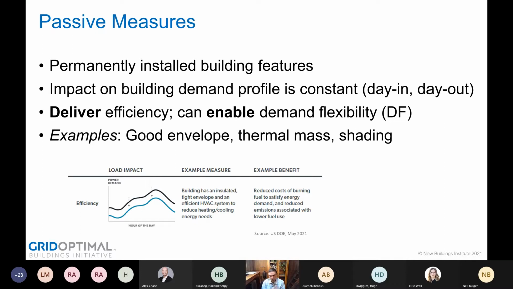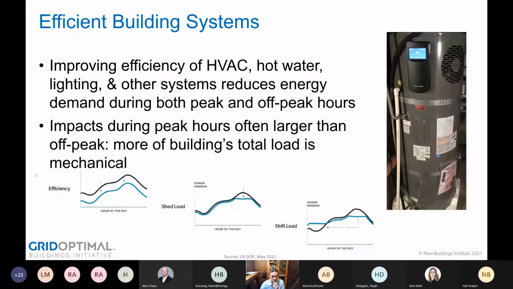So it's efficient in and of itself, but it can also magnify the impacts from active flexibility strategies. I mean, you've got efficient building systems, right? HVAC, hot water, lighting, high performance systems. Plugs are also very important. And in fact, this second bullet, impacts during peak hours are often larger than off peak because more of the total load is from these systems.